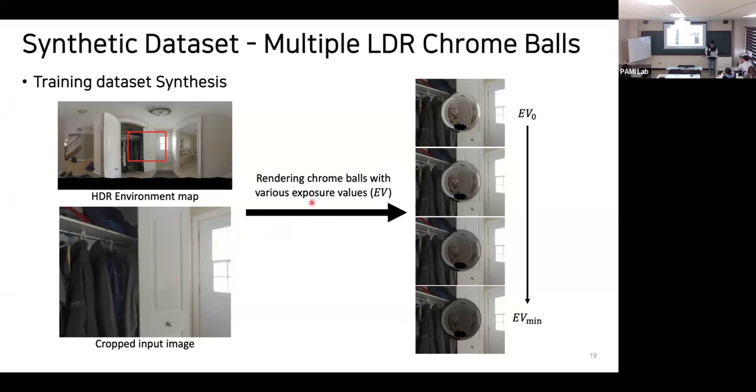And they render chrome balls with various exposure values, which is called EV, on this image like this. The reason why they generate these chrome balls of various exposures is to allow the model to generate multiple chrome balls of different exposures.